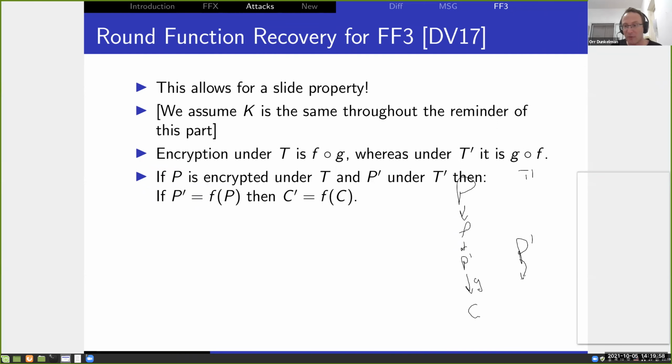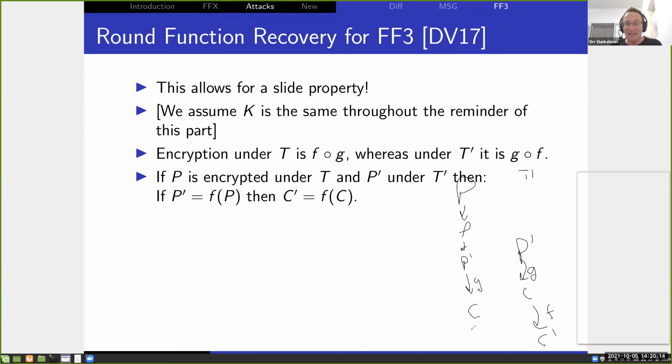So the first 4 rounds are going to be under G, so they're going to be C, and then the next 4 rounds are going to be F, and we're going to get C prime. And this is a slide attack. Those of you who know slide attacks, this is exactly the issue with slide attacks.